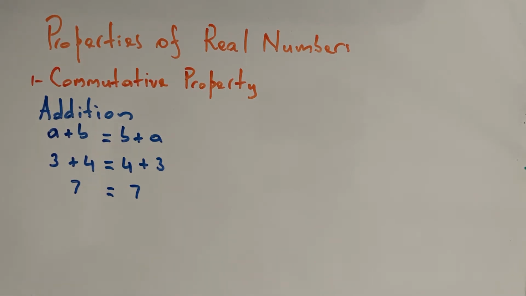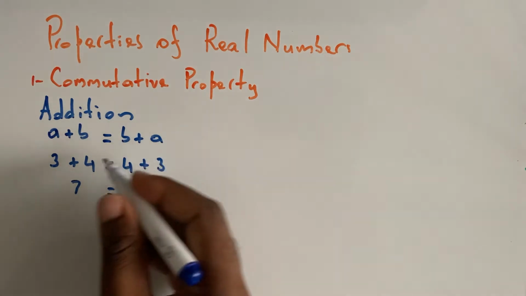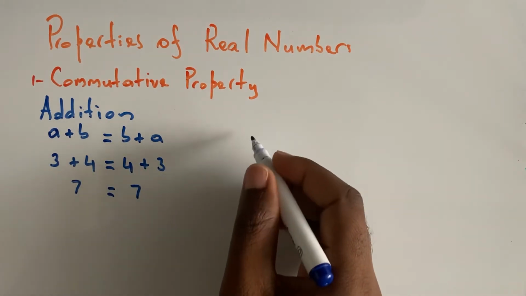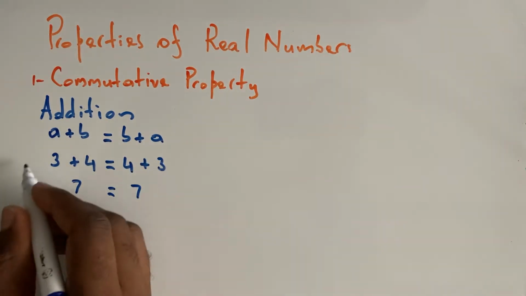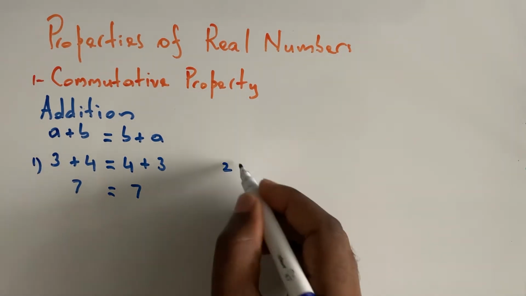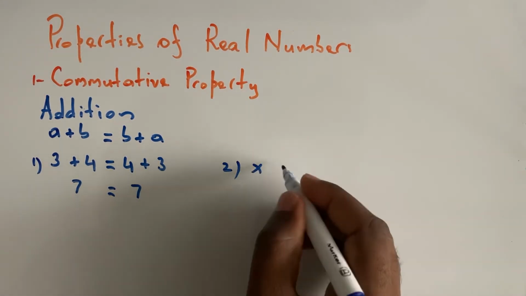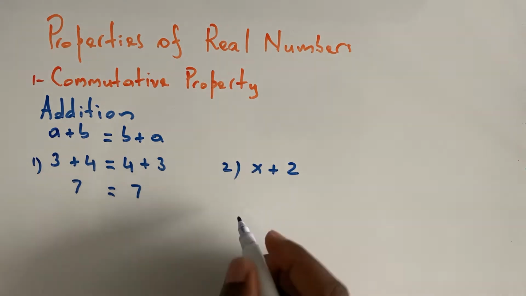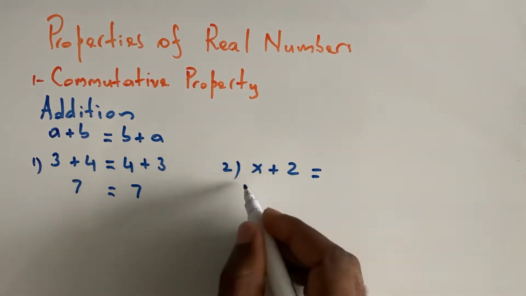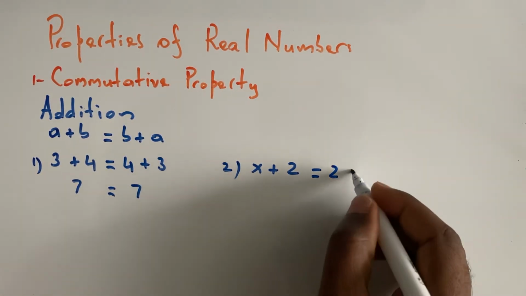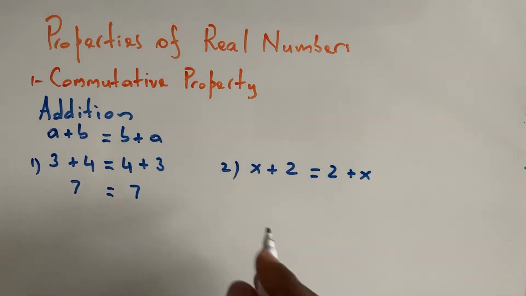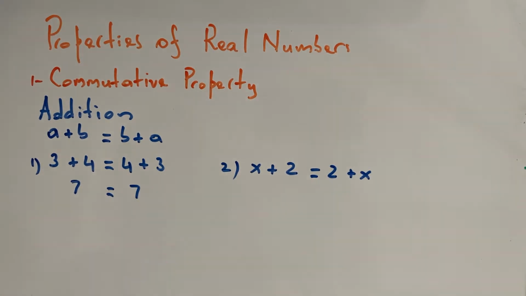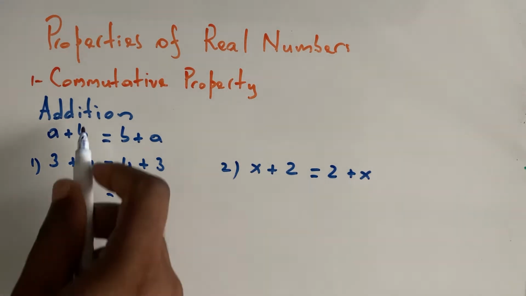In other words, if you have some variables, for example, this is like example 1. If you have x plus 2, this is the same thing as 2 plus x. You get the same result, they have the same value. So this is called the commutative property of addition.